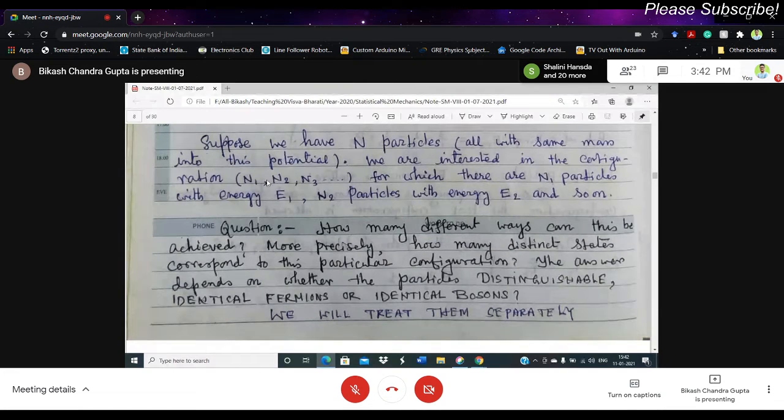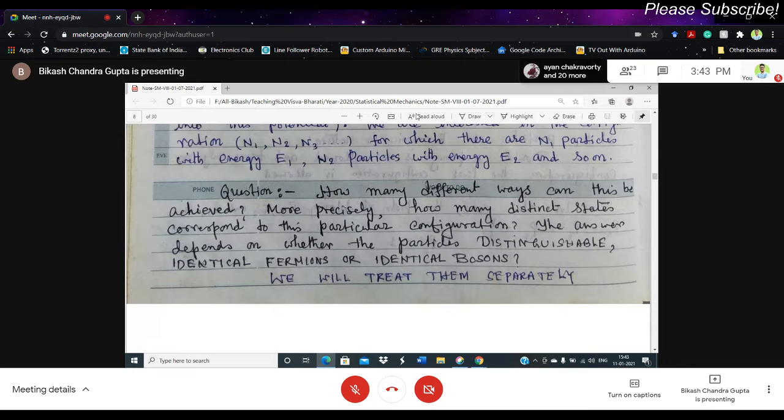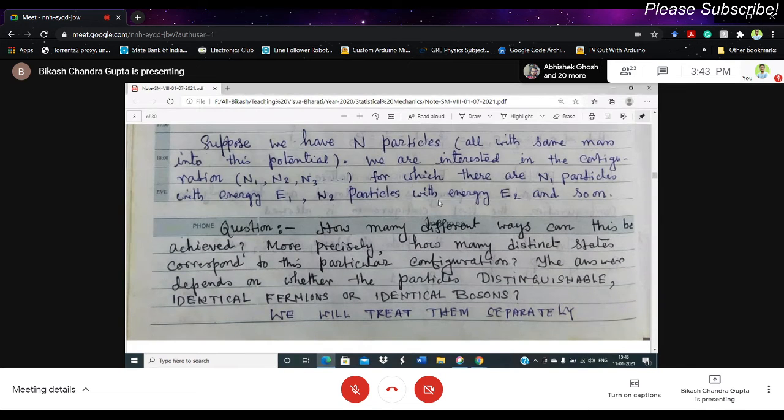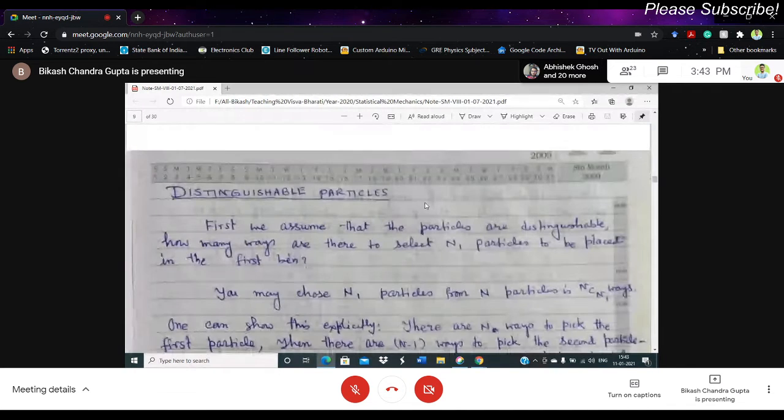Of course, the total number of particles is N. If you want to count the number of states, the statistics is different for distinguishable particles, for identical fermions, and also for identical bosons. We have to treat them separately. That is what I want to convey here.